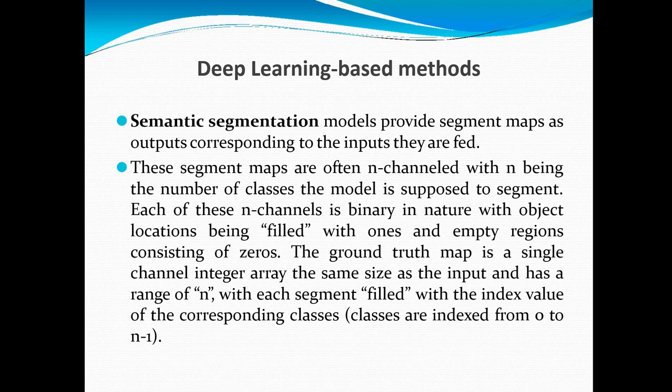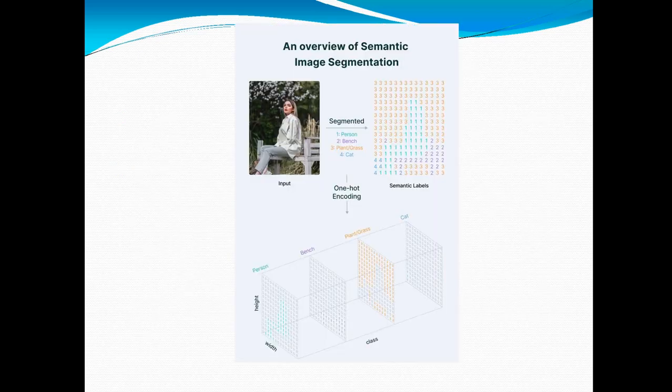The ground truth map is a single channel integer array the same size as the input and has a range of n, with each segment filled with the index value of the corresponding class. Classes are indexed from 0 to n minus 1. An overview of semantic image segmentation.